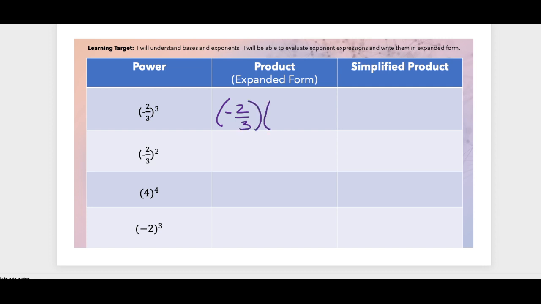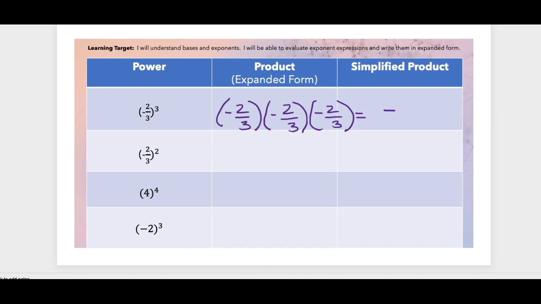So I'm going to multiply -2/3 times -2/3 times -2/3. I already know that my product is going to be a negative number because I have an odd exponent, which means the negative symbol is not going to cancel out.